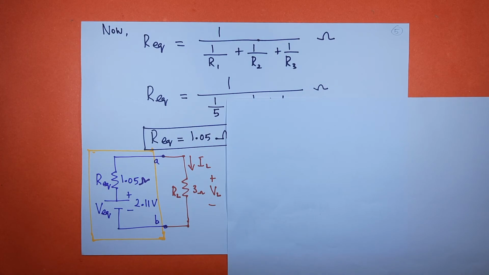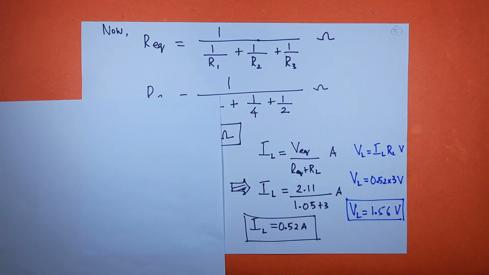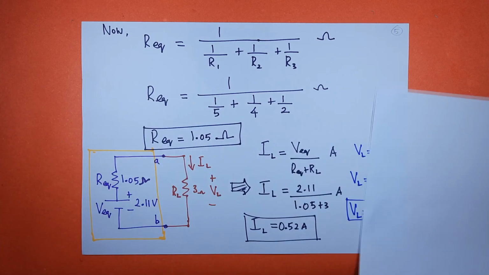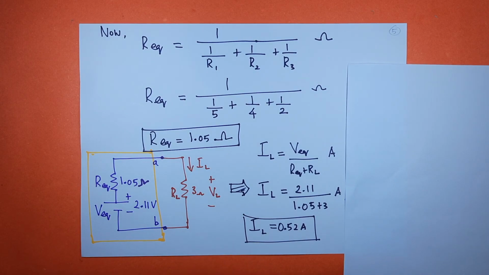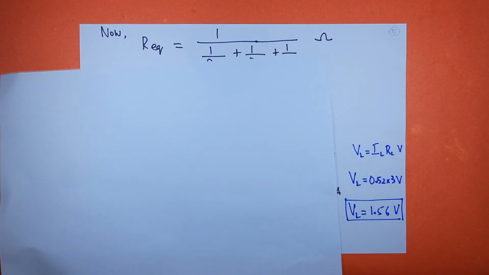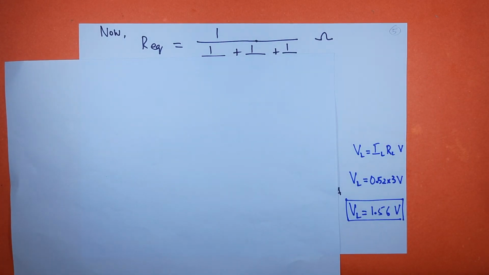So you apply Ohm's law to find IL. IL equals V equivalent divided by R equivalent plus RL ampere. IL equal to 2.11 divided by 1.05 plus RL is 3 ohm ampere. So IL equal to 0.52 ampere. So next we have to find out what is the load voltage.